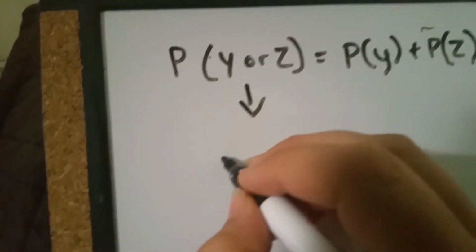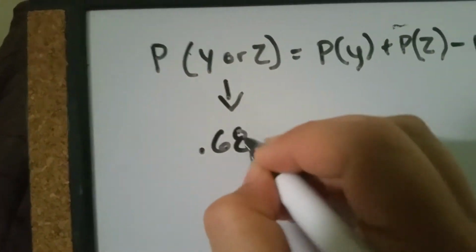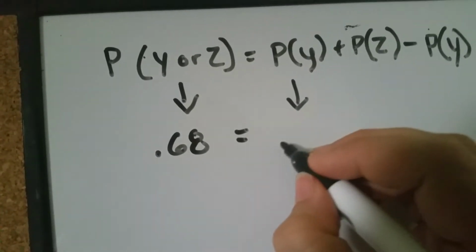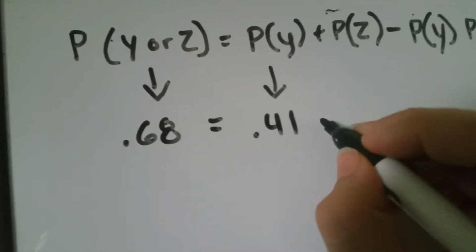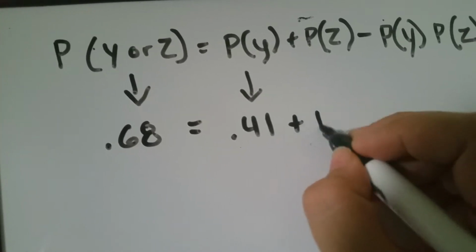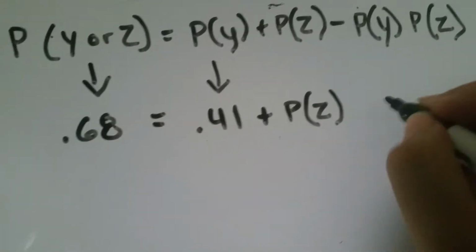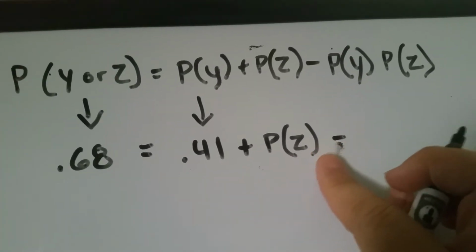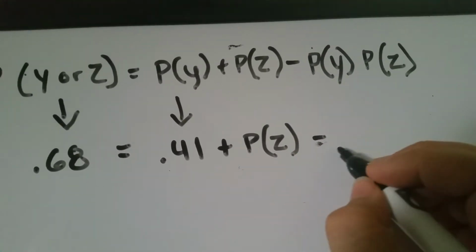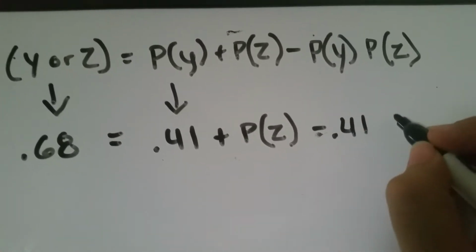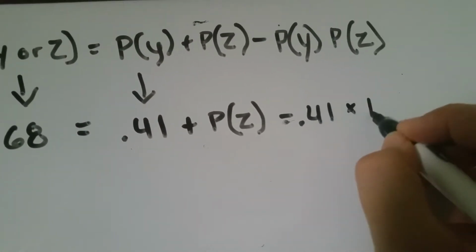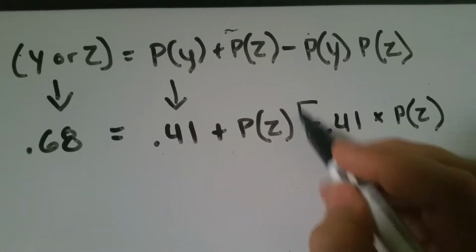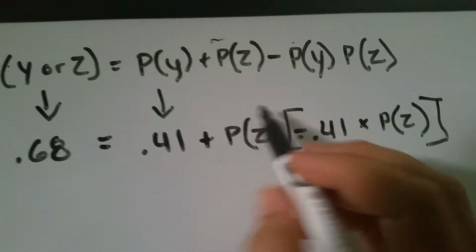Okay, we're going to bring this down. We know that this is 0.68 according to mine, right? And the probability of Y, mine says, is 0.41. I don't know the probability of Z yet, but I do know that this Y is 0.41, and then it's times the probability of Z, right? I put these in completely separate brackets.